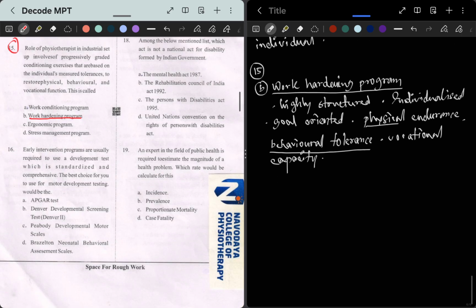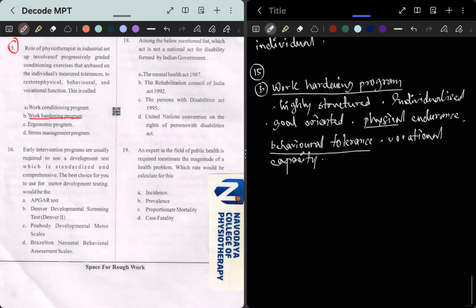Next, question number 16. Early intervention programs are usually required to use a development test which is standardized and comprehensive.